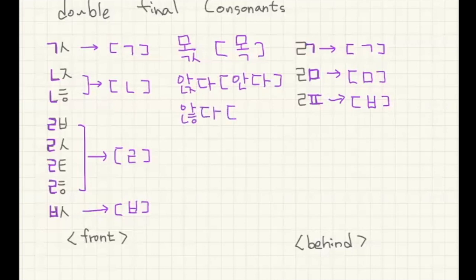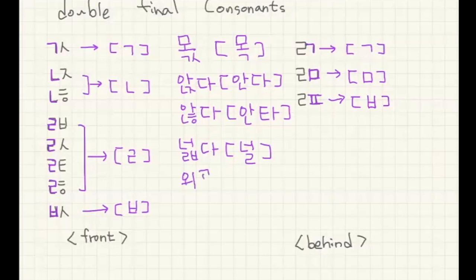Can you read this one? 앉다, 앉다. And next one here. Can you read this one? 넓다, 넓다. Very good, very good. And can you read this one? 골. It only sounds as the front.